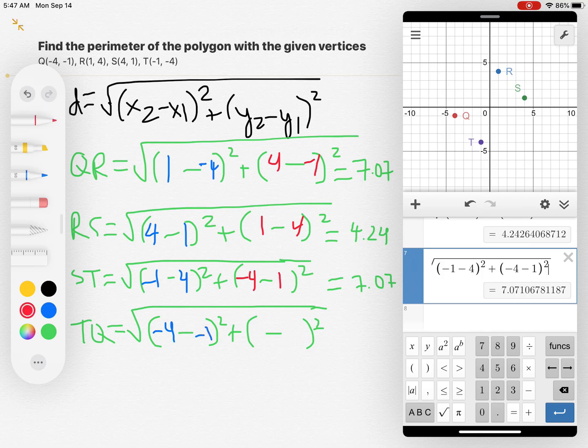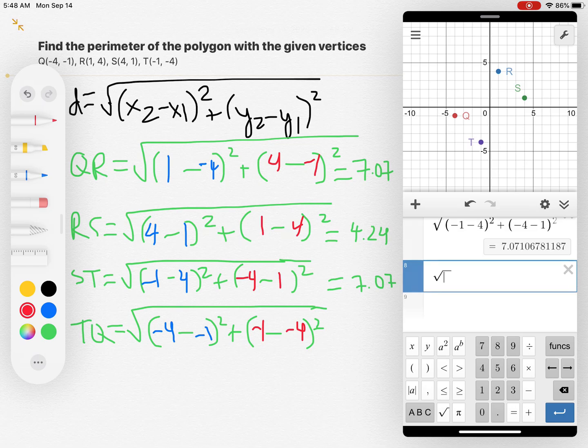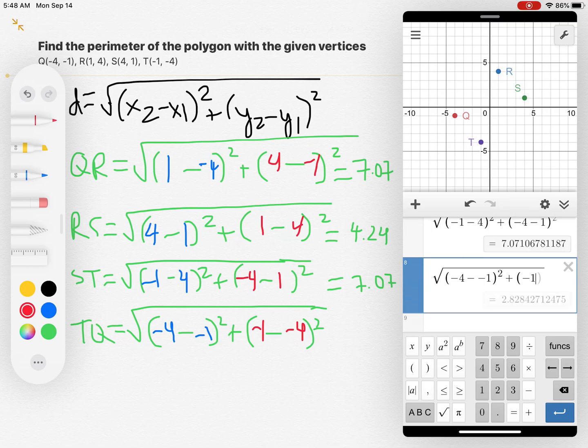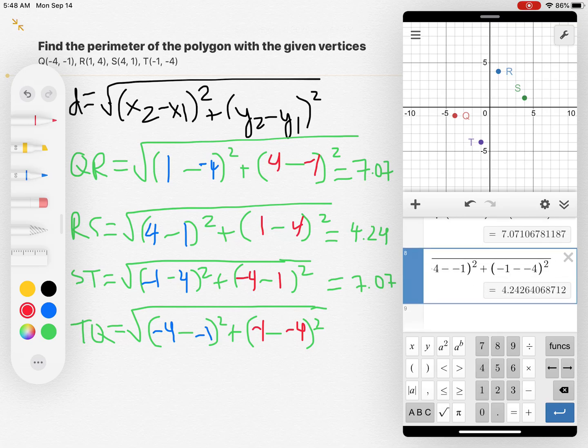Looking at the y coordinates, Q's y coordinate is negative 1. T's y coordinate is negative 4. Put all of that fun into Desmos. Don't forget about your double negatives there. We do have to deal with that in both sets of parentheses. And we get 4.24, which is the same as the length of RS.